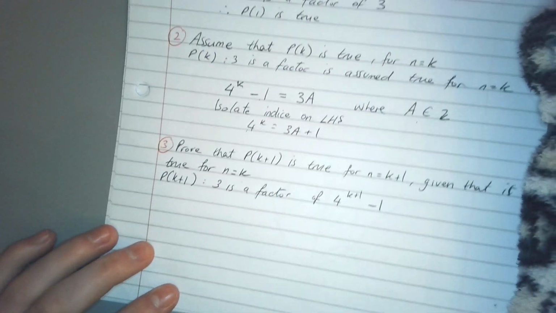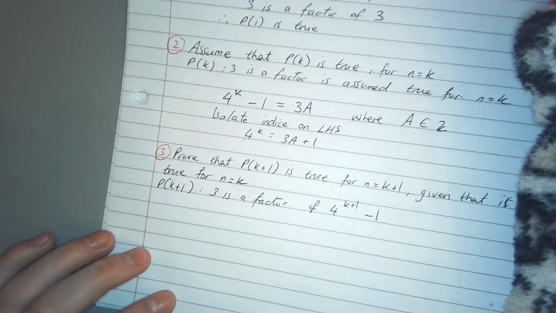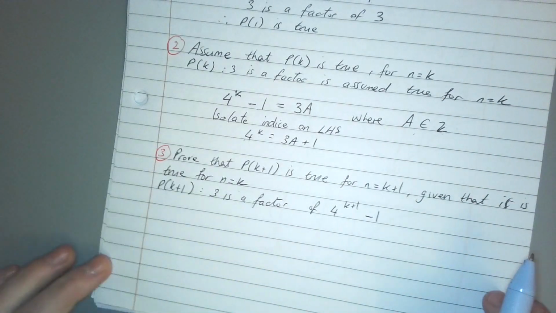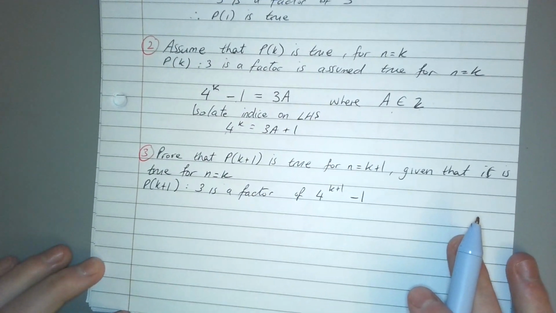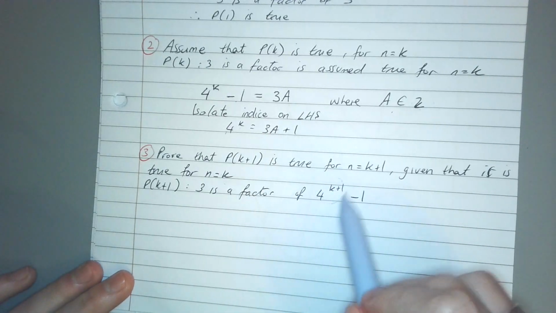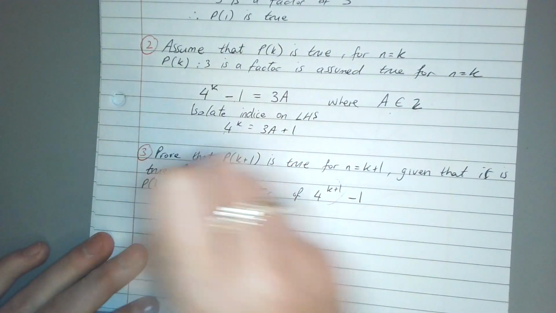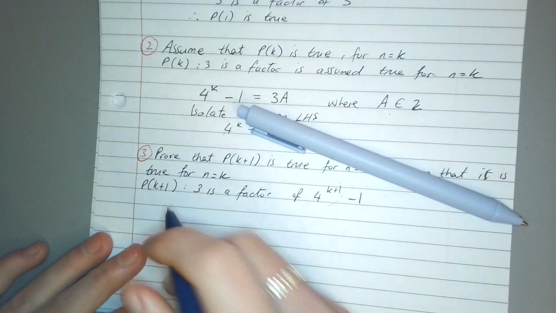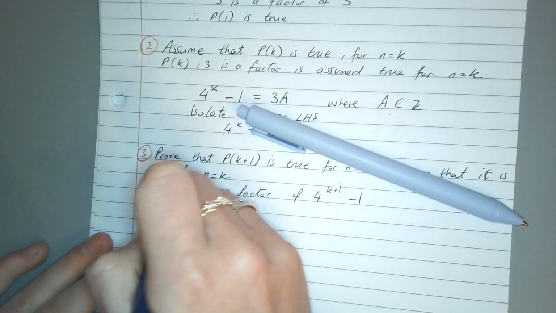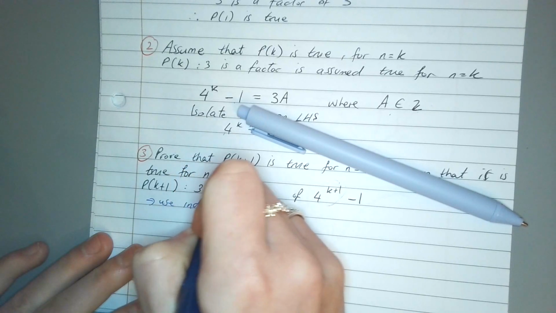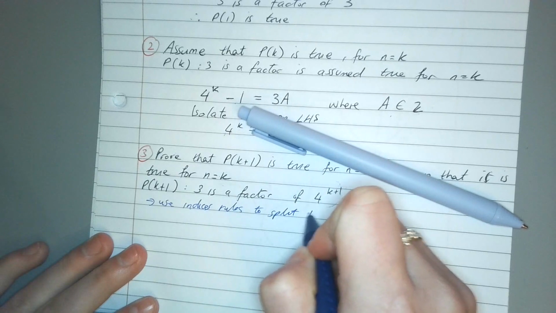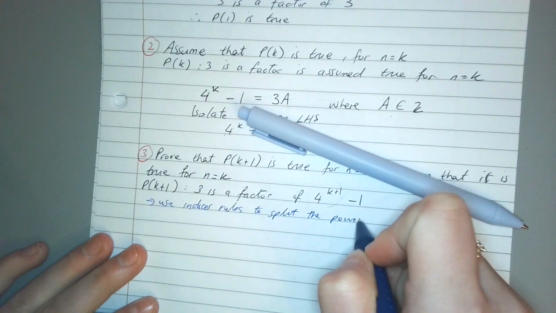So 4 to the power of K plus 1 minus 1. Then we're going to use our indices rules to split up the powers. I might make a note of that in a different colour.